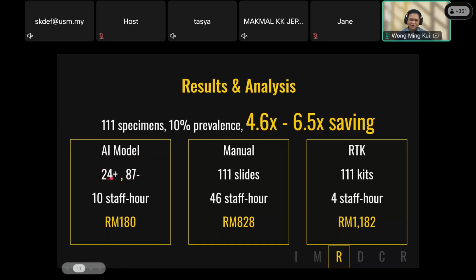So we still need to confirm all 24 samples using the microscopy method, and it will take us 10 staff hours to finish the 24. But it will only cost 180 ringgit if we choose to use the AI model. So there is a lot of saving here, up to 4.6 to 6.5 times the saving compared to manual and RTK.